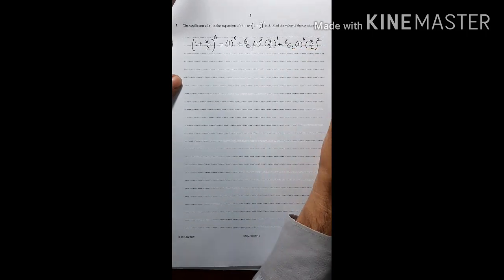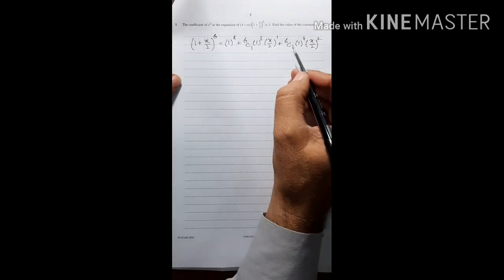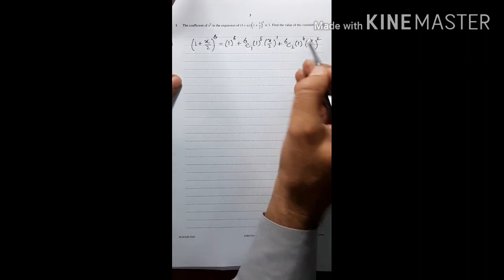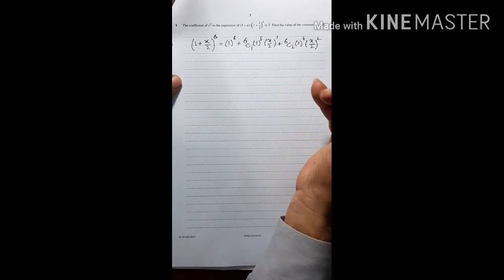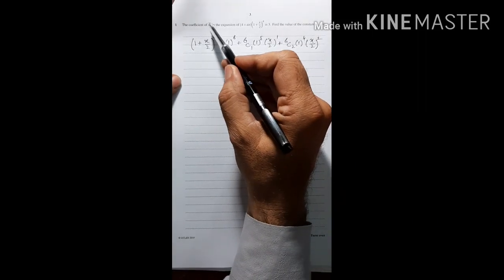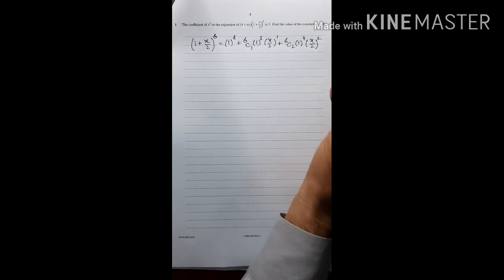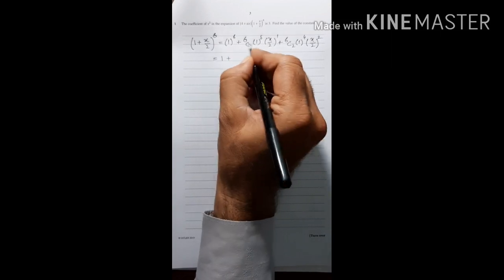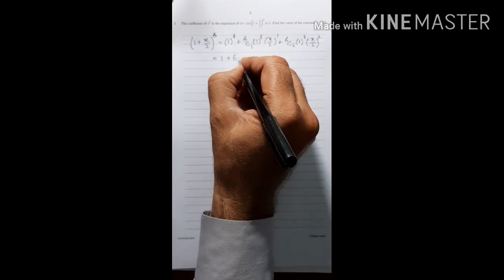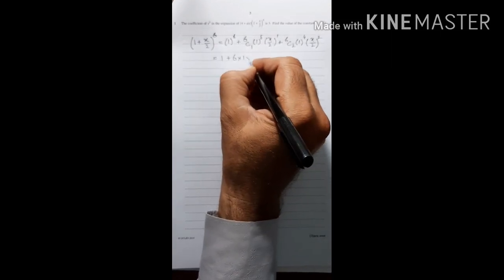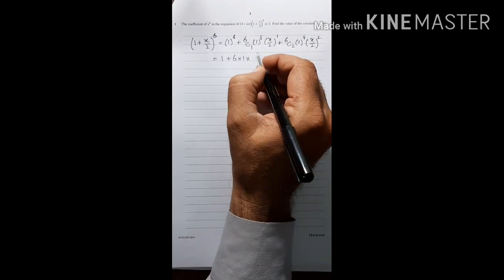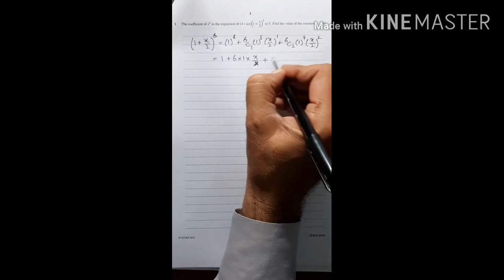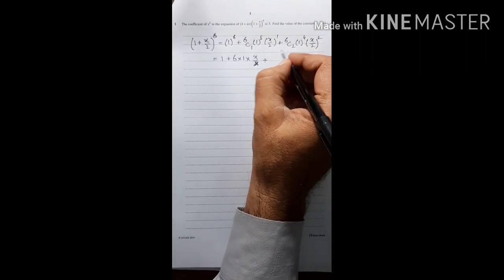The formula continues, but we will not go further because we need just the first three terms, since we only have to find the coefficient of x squared. So this will become 1, plus 6C1 is 6, into 1^5 is 1, into x/2, plus 6C2 is 15.